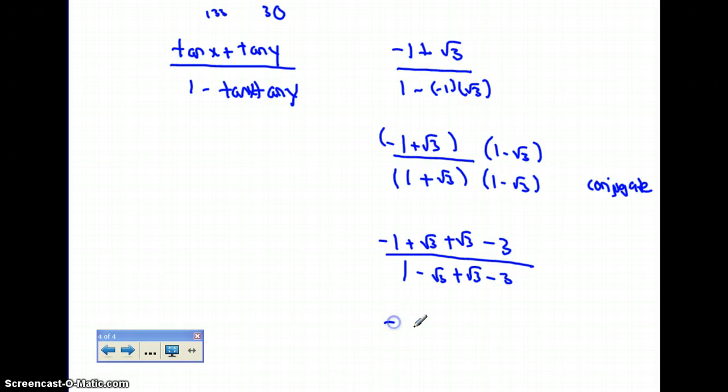So I end up with negative 4 plus 2 square root of 3, all over negative 2, which gets me 2 minus square root of 3. And that's what the tangent of 165 is. I started you guys off on the next one, so try that one, and we'll see you tomorrow.